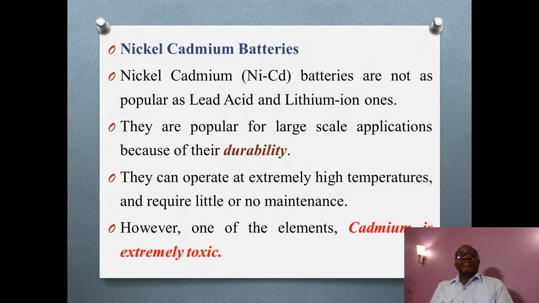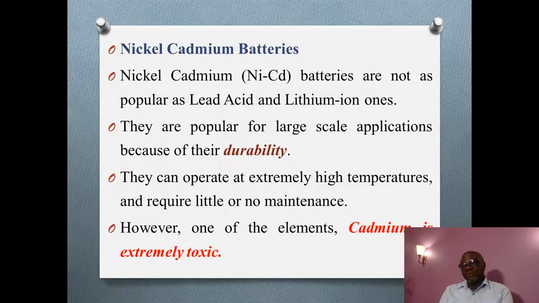So these nickel cadmium batteries are not as popular as lead acid and lithium ion ones. They are popular for large scale applications because of their durability. They can operate at extremely high temperatures and require little or no maintenance.